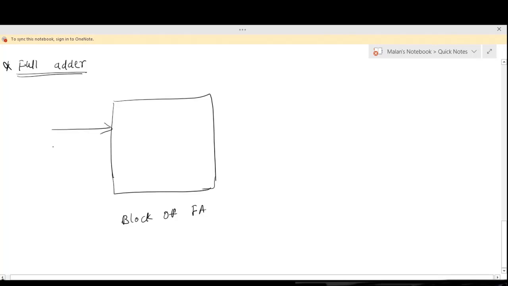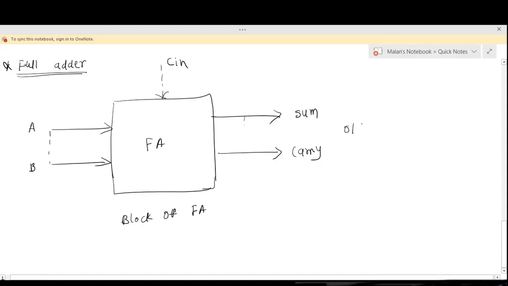Three inputs are going to be used: input A, input B, and the external carry in input. By using these three inputs, the full adder generates the outputs sum and carry. This is the output, this is the input.